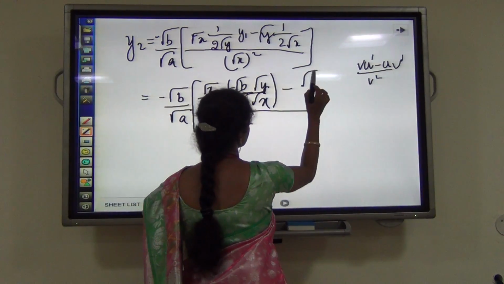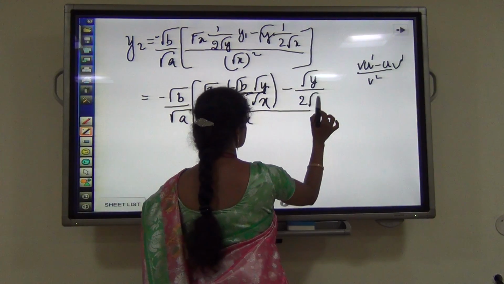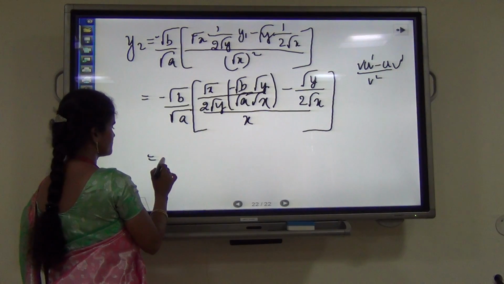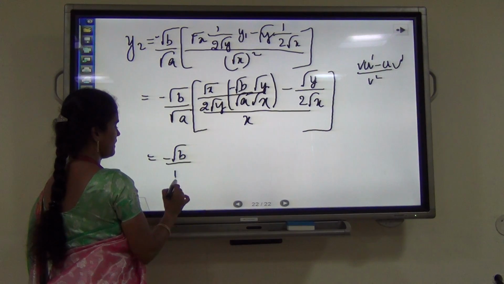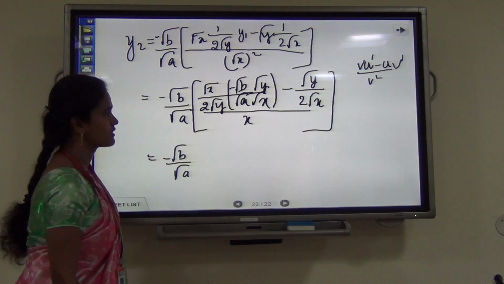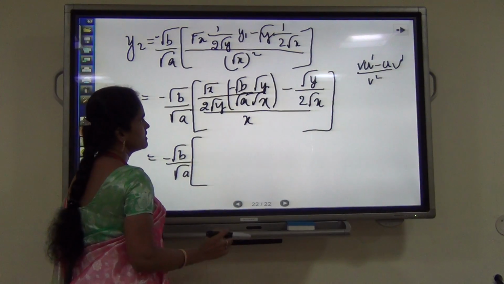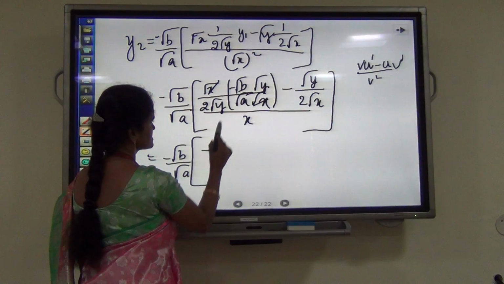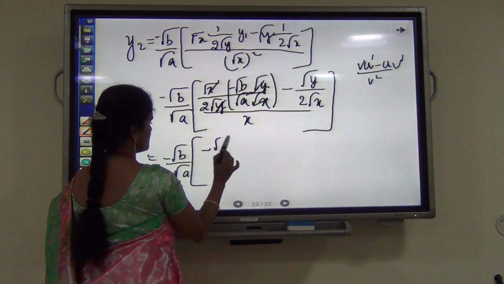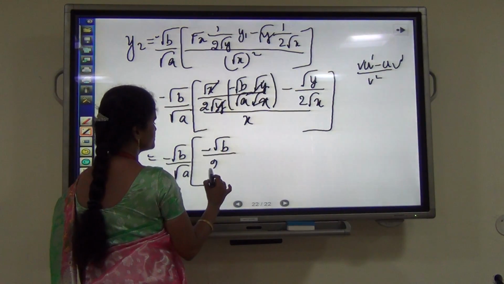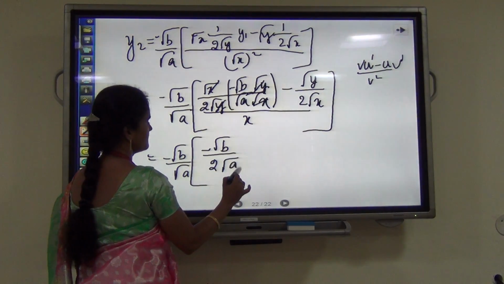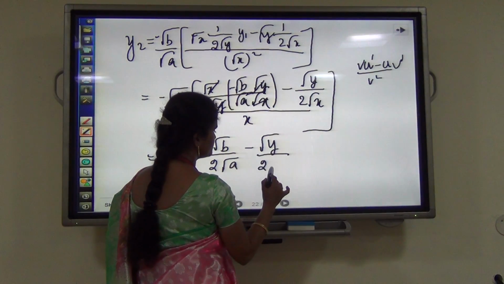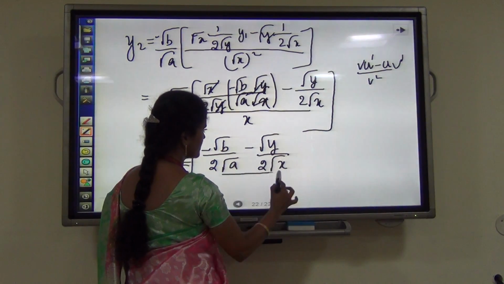Minus root y by 2 root x. As we simplify this further, minus root b by root a, now this root x gets cancelled, root y gets cancelled. Minus root b by 2 root a, minus root y by 2 root x, by x.